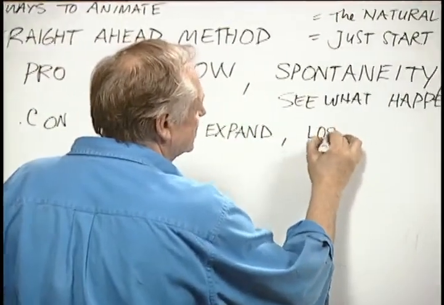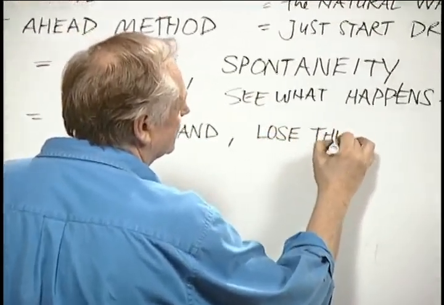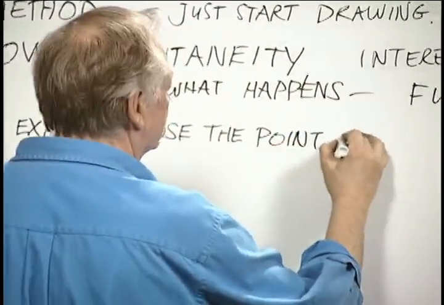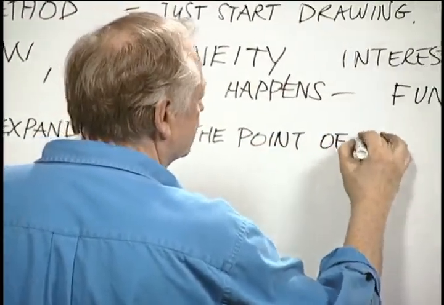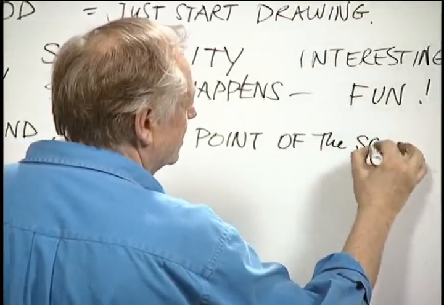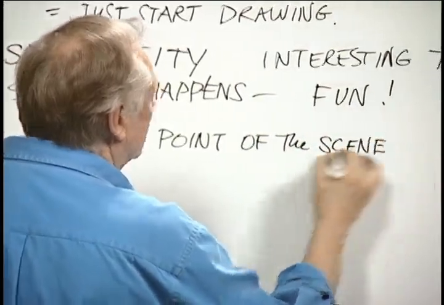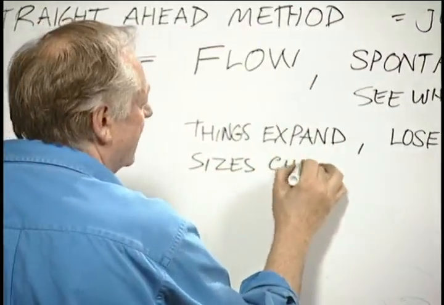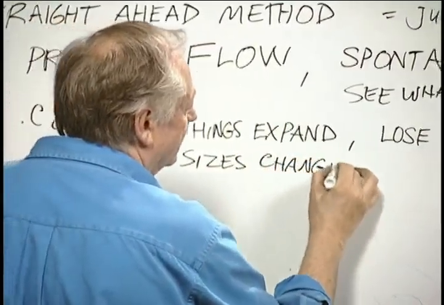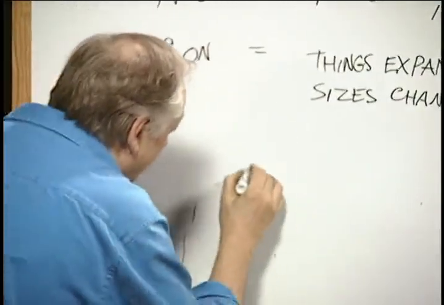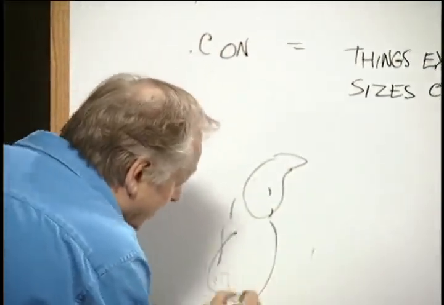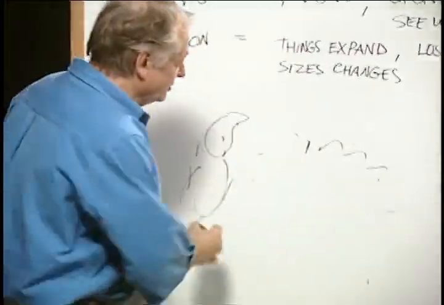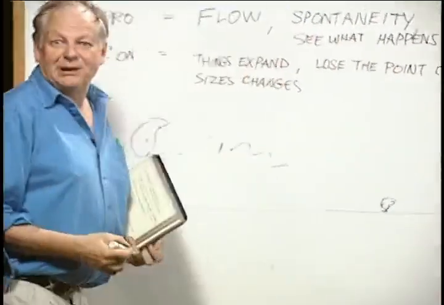We lose the point of the scene. Tendency to lose the point of the scene. And sizes change dramatically. You know, you're animating a creature that's this size, and as you're in the heat of creativity, he ends up about this size, only you're trying to walk him on a straight plane.